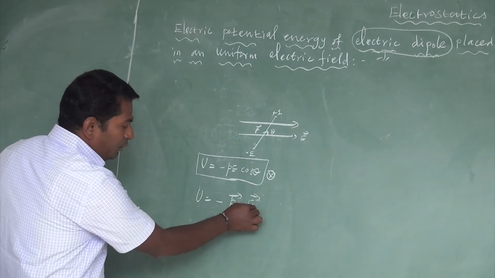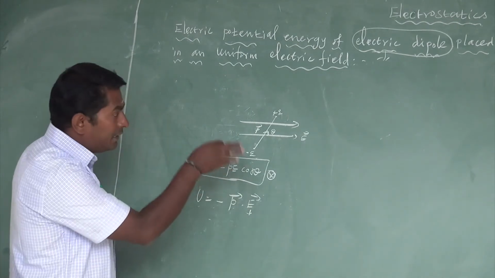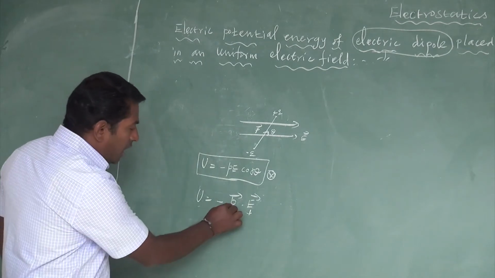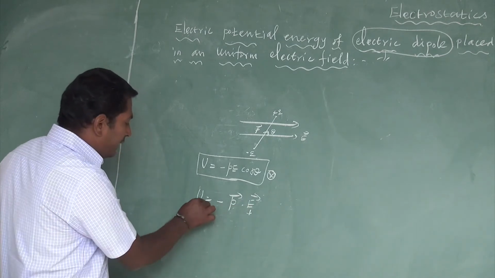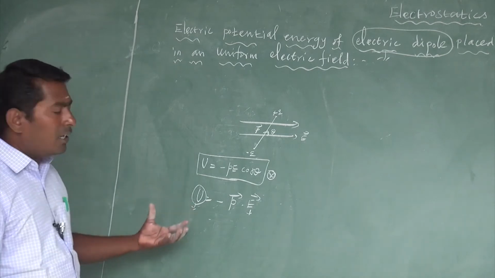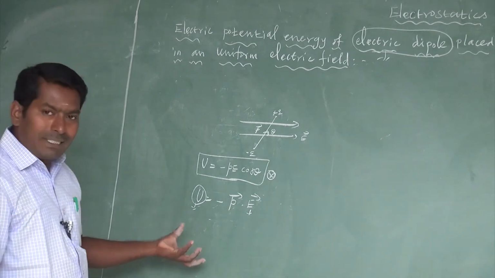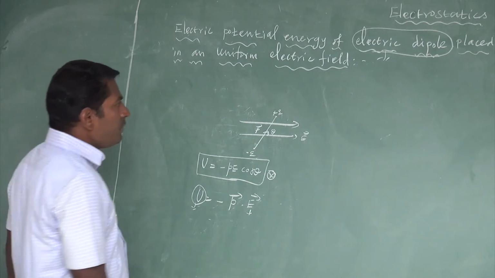So, the dot product of two vectors: the electric dipole moment is a vector quantity, and the electric field intensity is also a vector quantity. The dot product of these two vectors results in a scalar quantity. Electrostatic potential energy is a scalar quantity. It possesses only magnitude. But in vector notation, U is equal to minus P vector dot E vector.